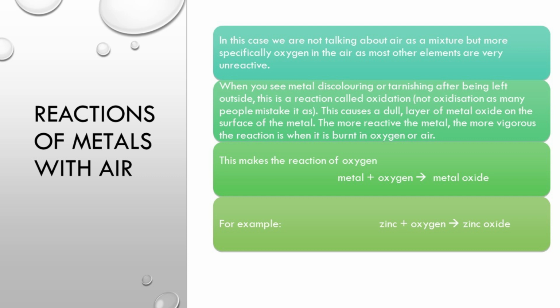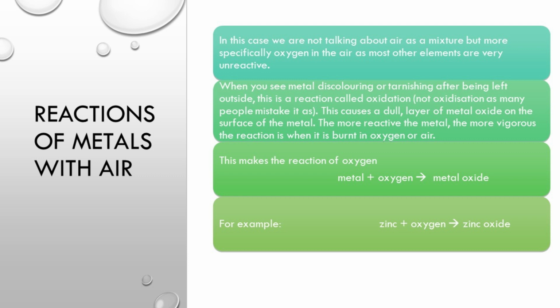In this case, we are not talking about air as the mixture, but more specifically oxygen in the air, as most other elements are very unreactive. When you see metal discoloring or tarnishing after being left outside, this is a reaction called oxidation, not oxidization as many people mistake it as. This causes a dull layer of metal oxide on the surface of the metal.